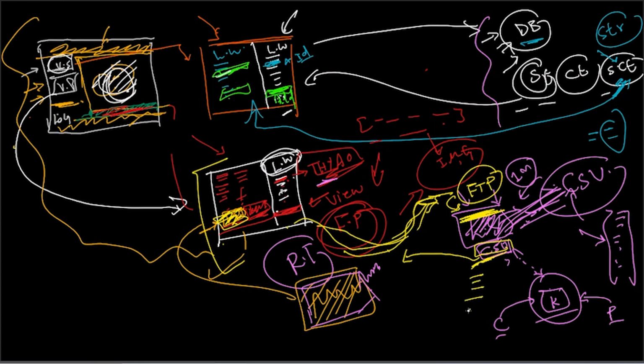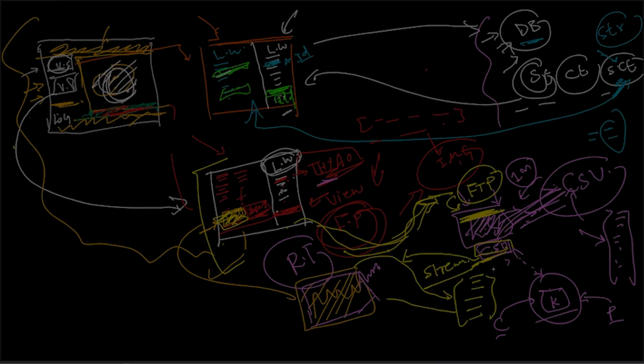Every 1 minute, a new price will be added to this CSV. And then what we are doing is reading from this CSV. This is a streaming mechanism. Exactly, we are streaming within our own capacity.